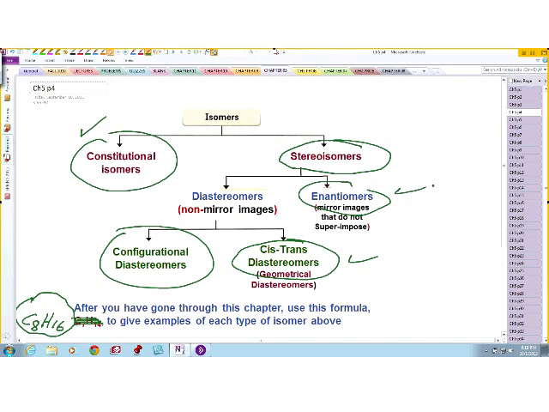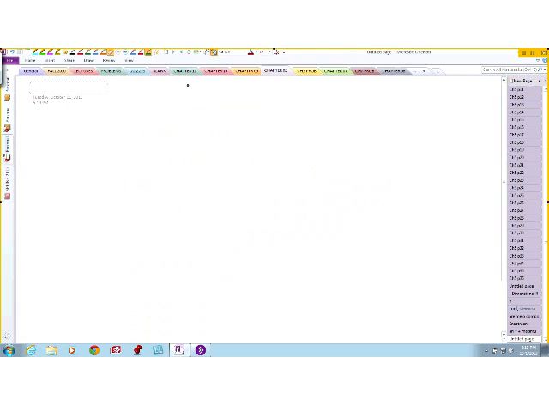Okay, so let us start our discussion with enantiomers. The question that you want to know is, what are enantiomers?